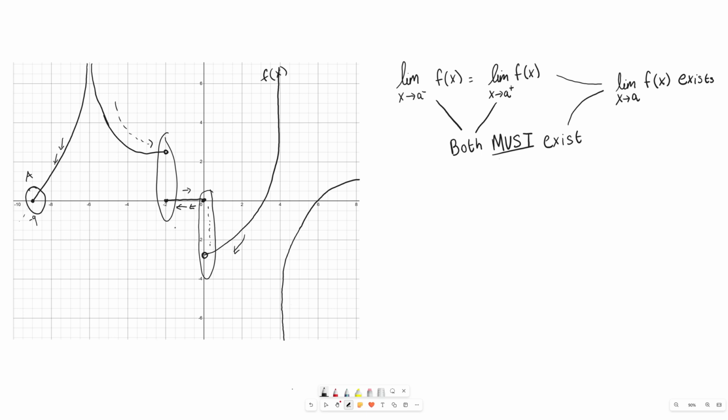Now we looked at a vertical asymptote going the same direction over here. That's why the limit exists. If you're looking at this section right here, the limit does not exist for the same reason. From the left side, you're going up to infinity.